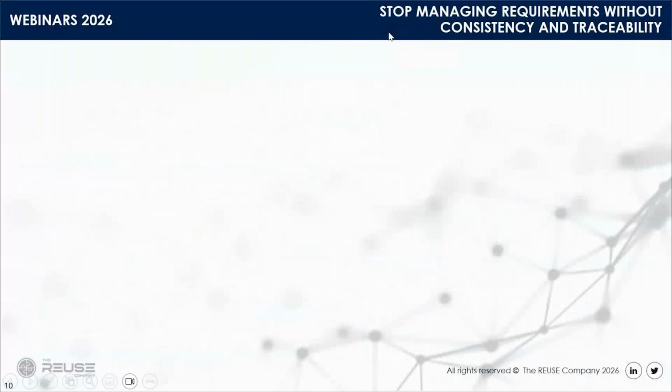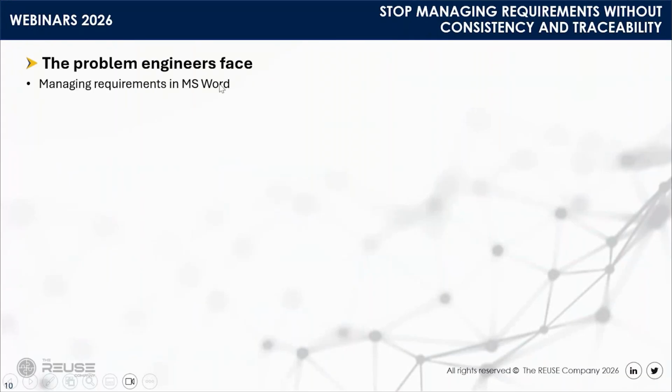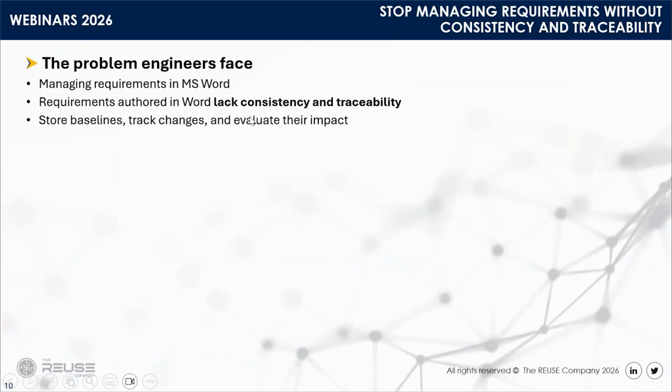Now let's see how one can stop managing requirements without consistency and traceability. The problem engineers face: managing requirements in MS Word. Requirements authored in Word lack consistency and traceability. Store baselines, track changes, and evaluate their impact.